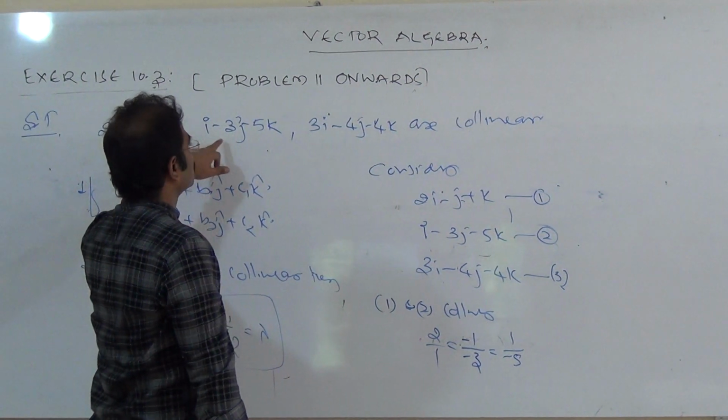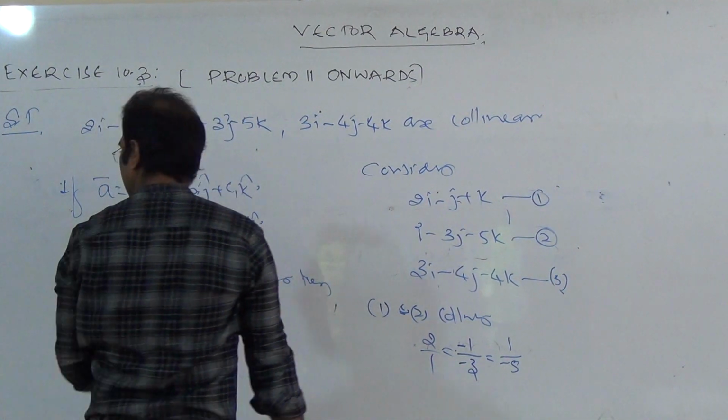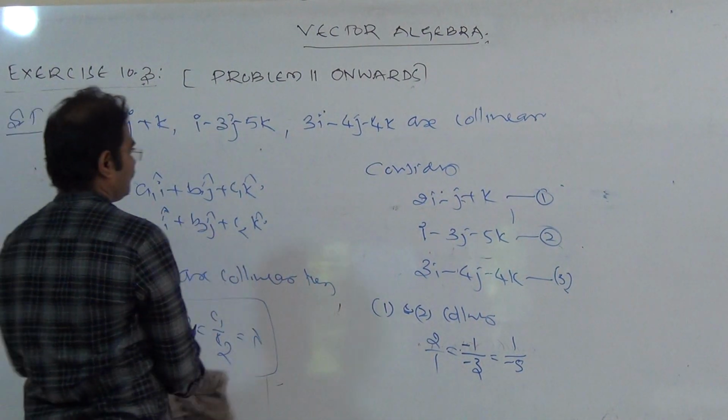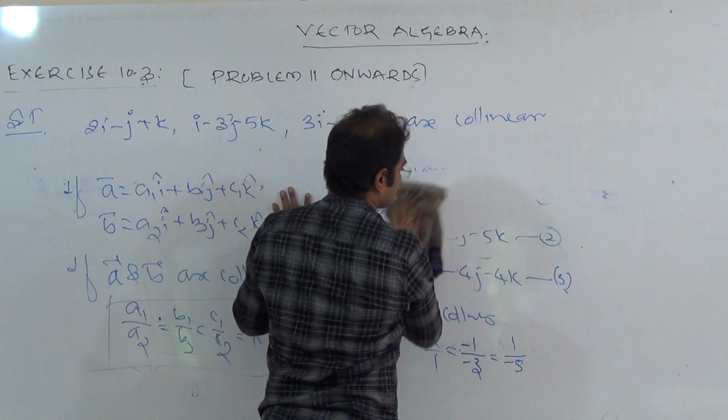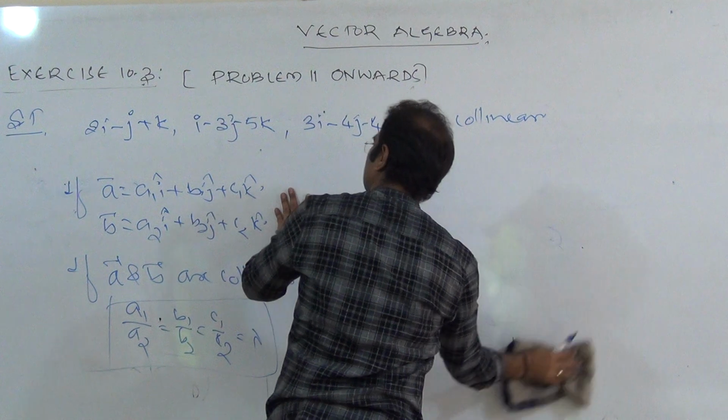If we have to show that these three are collinear, we go with another condition, because there are three vectors. We solve this one with another method.